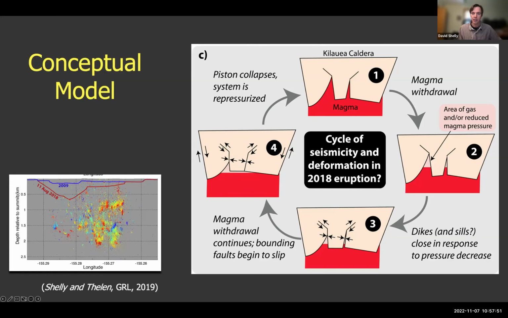There may be dikes and sills that are starting to close in response to this pressure decrease. The magma withdrawal continues, and you start to get slip on the boundaries of this piston-like structure. And then finally, you get one of these collapse events, and the system essentially resets itself for another round of this kind of behavior.